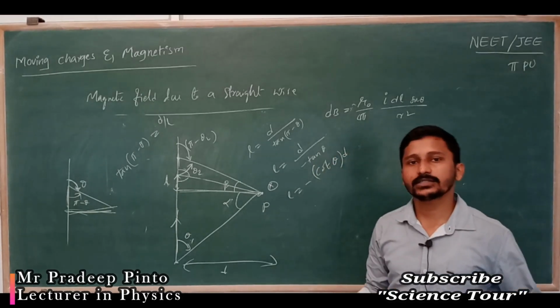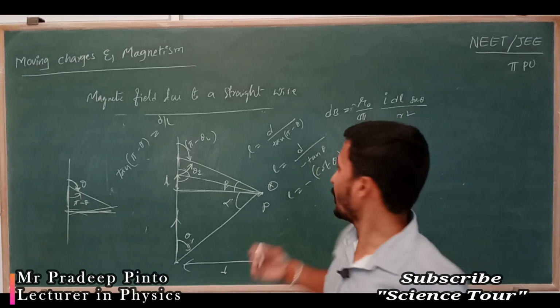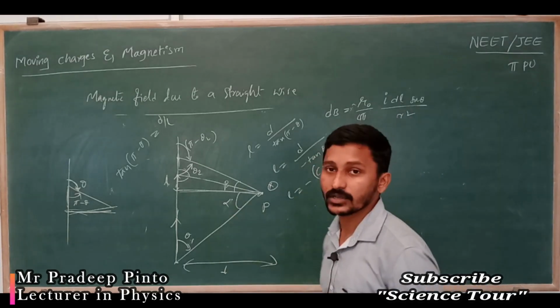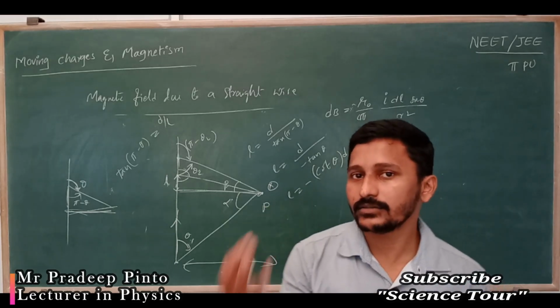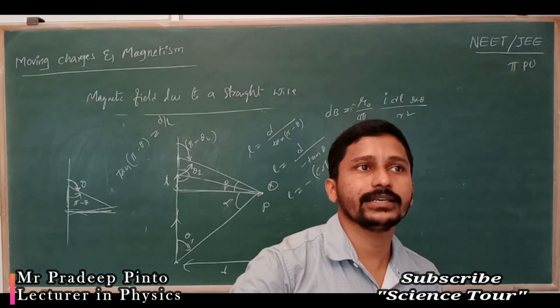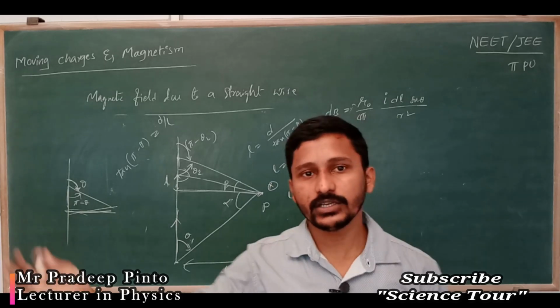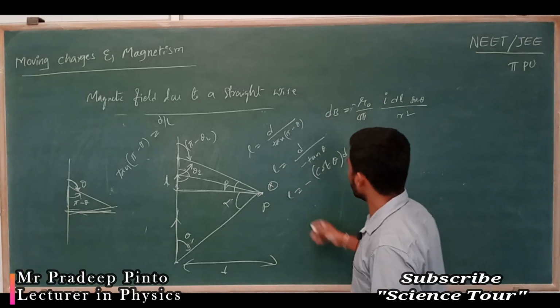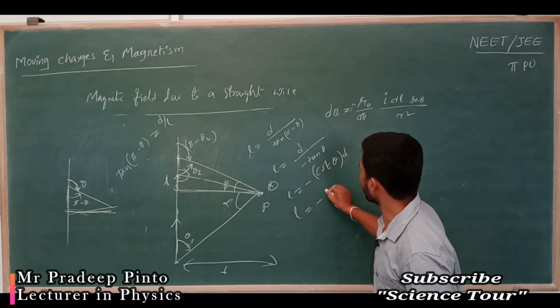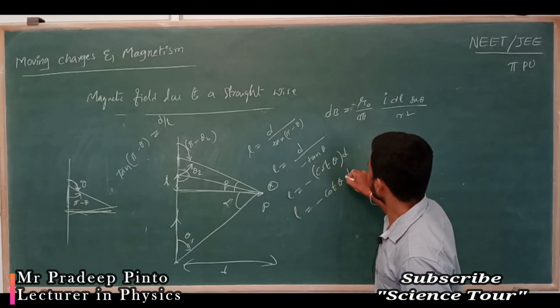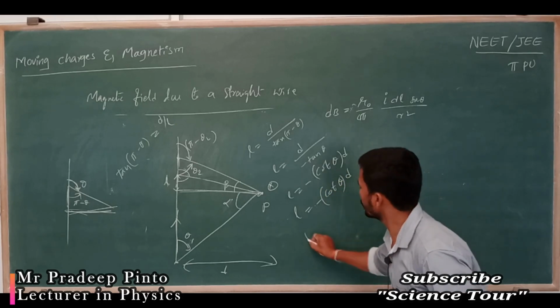We will understand this. You do not have to do all these things every time, but this concept is very important, so that once the formula comes, I can apply it to each and every case. So now L is minus cot theta D. So dL is how much?